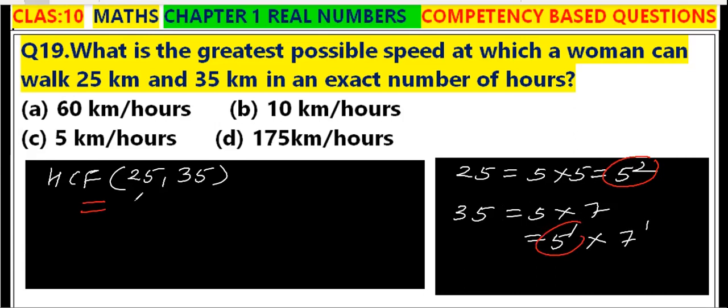So we can write 5 power 1. ये इधर 7 है नहीं, so what is actually the answer? That is 5. So the answer is 5 kilometer per hour. That will be the greatest possible speed.